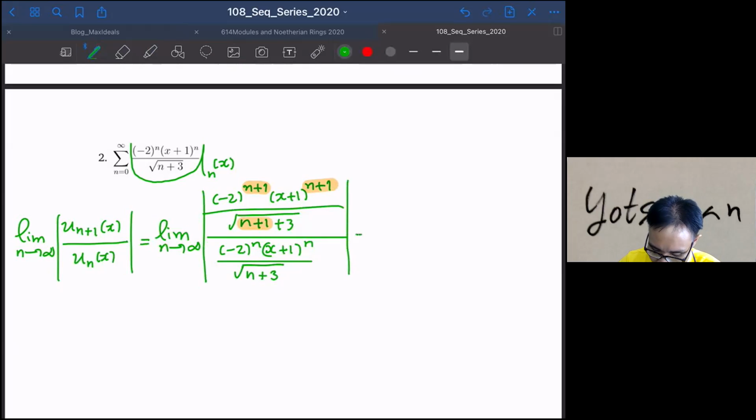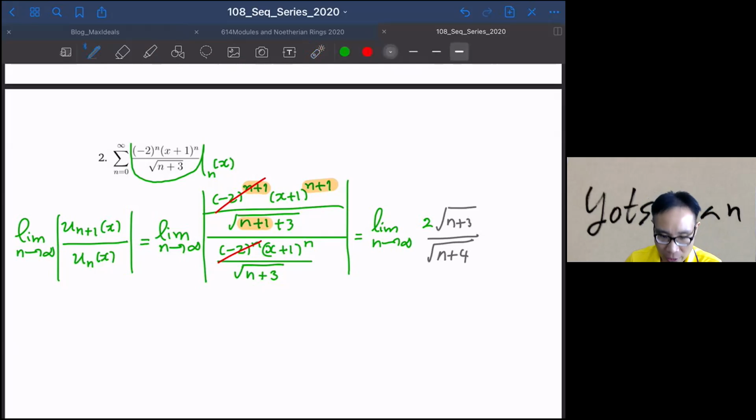You're going to have the limit as n goes to infinity, and you have 2. You can get rid of the powers, so you have 2 because you're inside the absolute value, so -2 turns out to be just 2. The bottom flips to the top, so it's going to be square root of n plus 3 over square root of n plus 4.